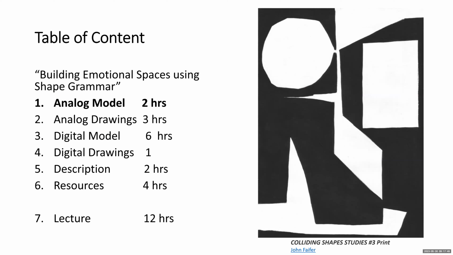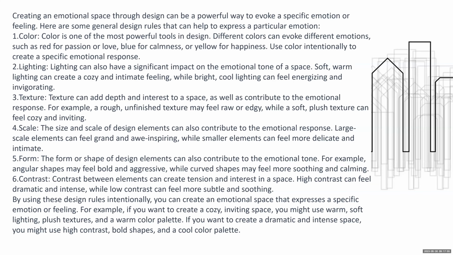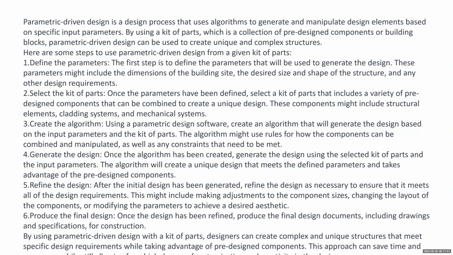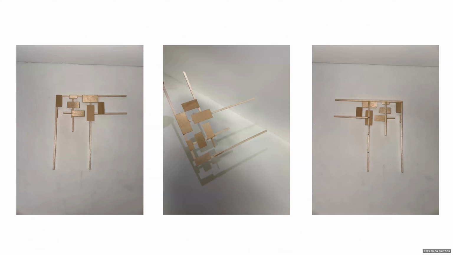This is the table of contents for the shape grammar. Starting at analog model, we're gonna have right here, the analog model.